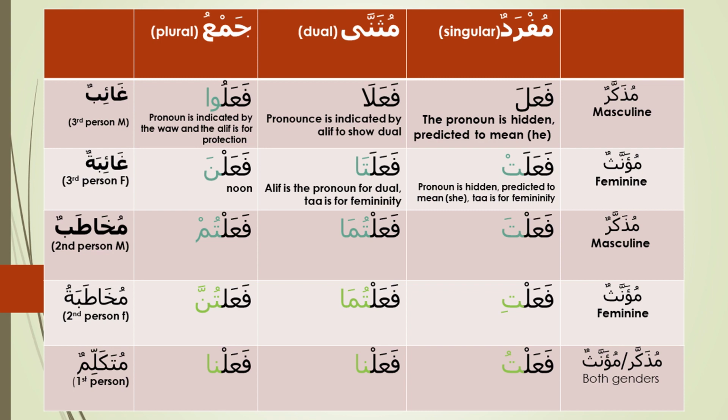Now if I was to put jalasa on there, meaning he sat, I'll say jalasa, jalasa, jalasu, jalasat, jalasata, jalasna. What does jalasna mean? Who sat? It's not he. Jalasna.